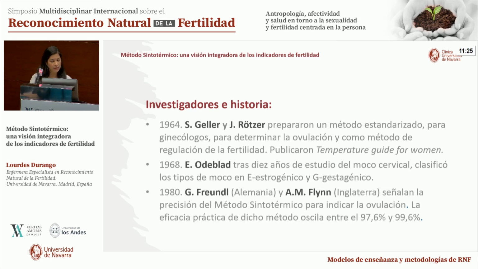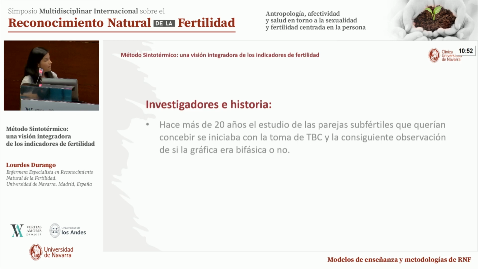By means of ultrasound studies, recently by Freund and Flynn, they confirmed the precision of the symptothermal method in indicating ovulation. The practical efficacy of that method varies between 97.6% and 99.6%. And this is justified by the simultaneous use of several parameters, what we call the double check. This can make its use somewhat more complex, but it improves the efficacy and gives greater security to those who use it.